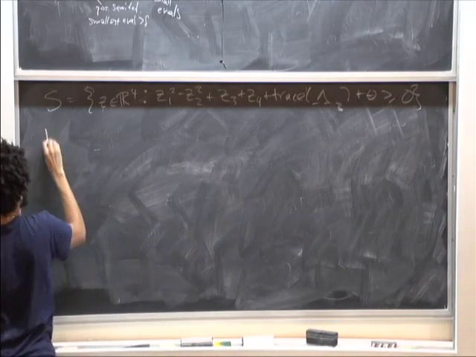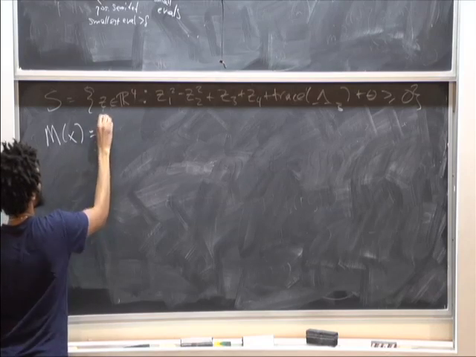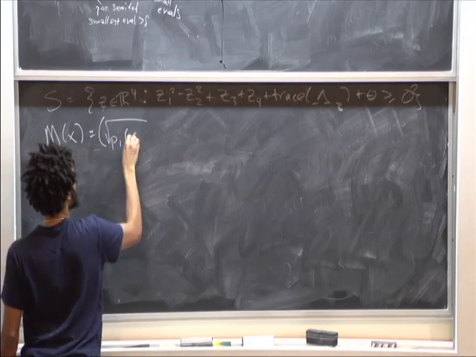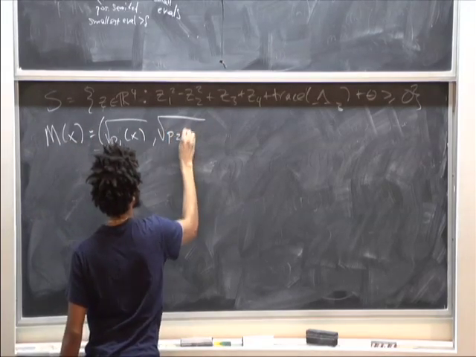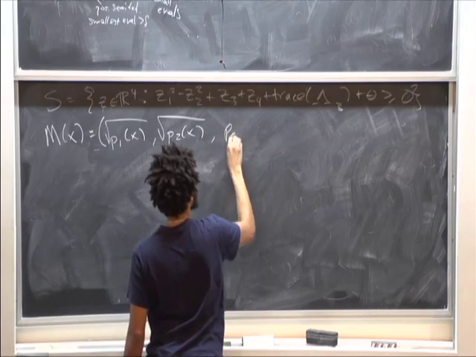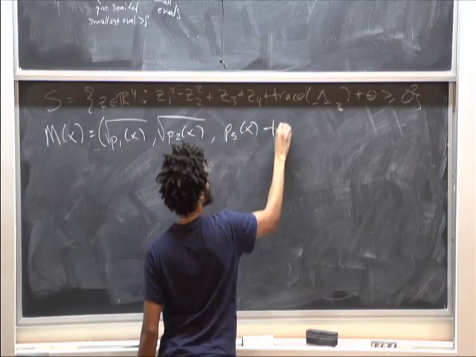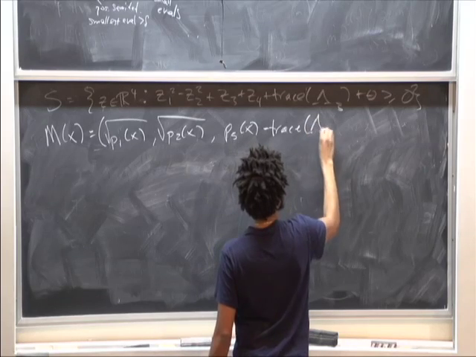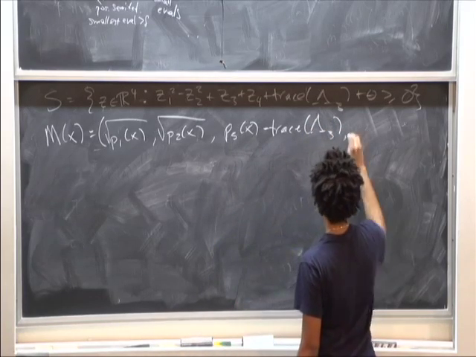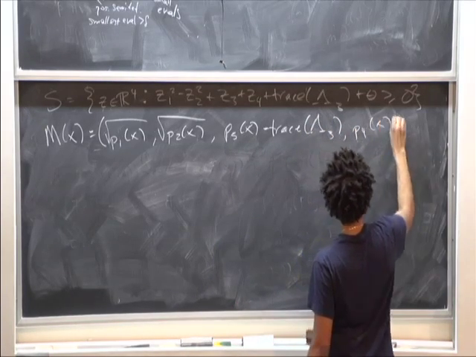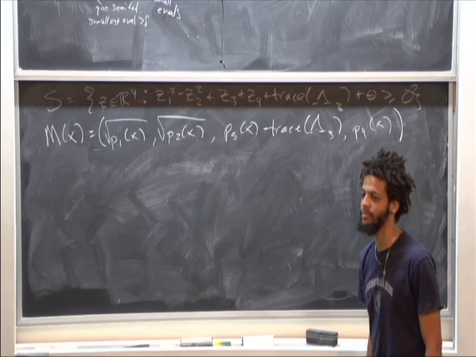And my map M of x is equal to square root of P1 of x, square root of P2 of x, P3 of x minus the trace, and P4 of x. Okay?